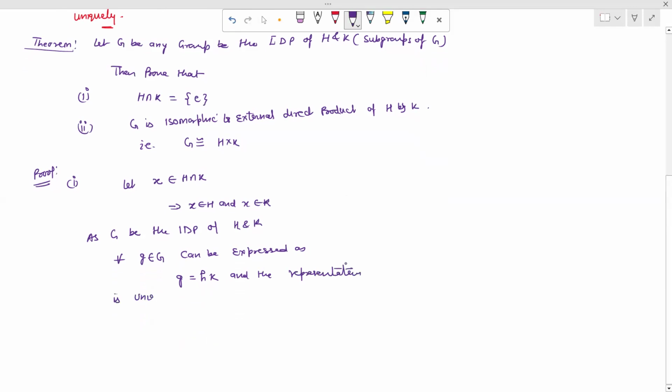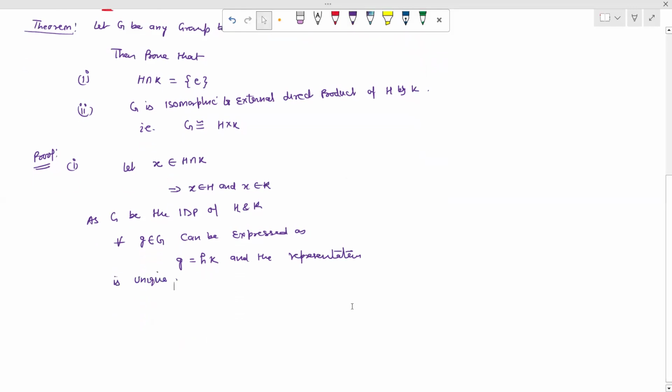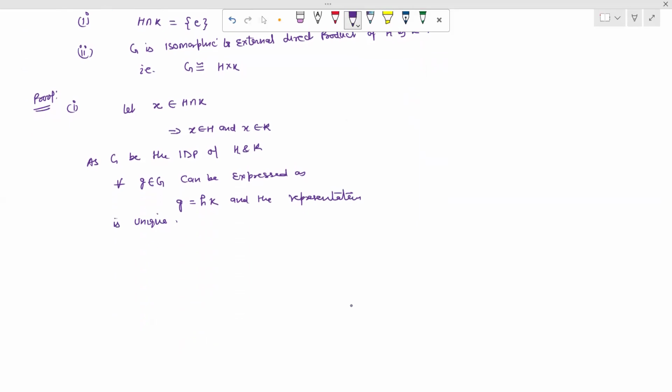We must remember this, the representation should be unique.